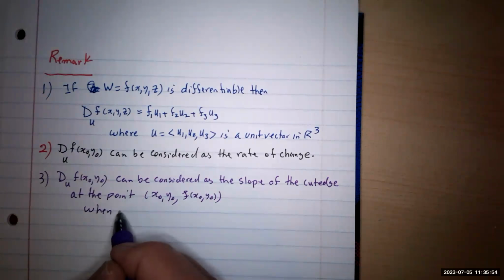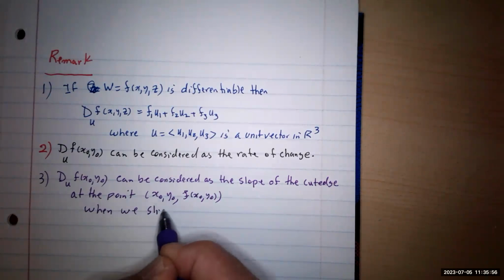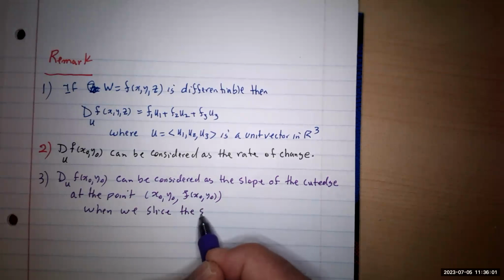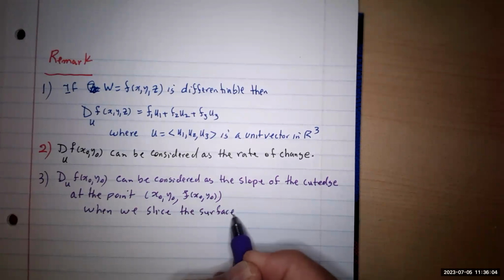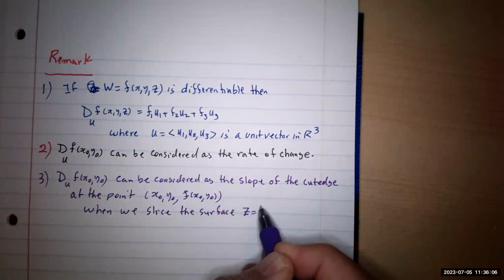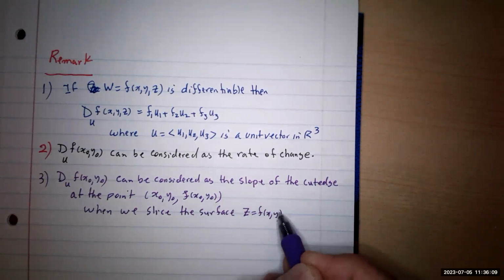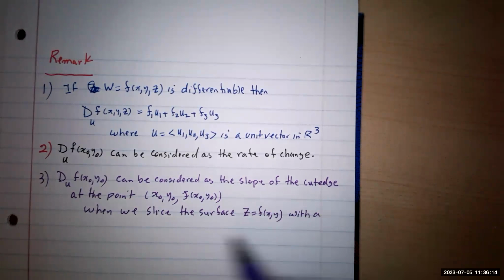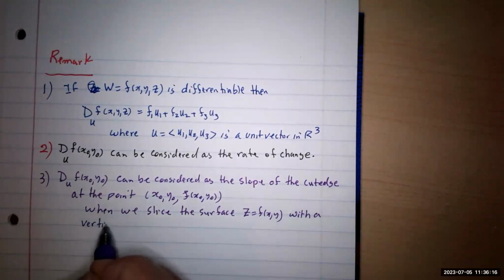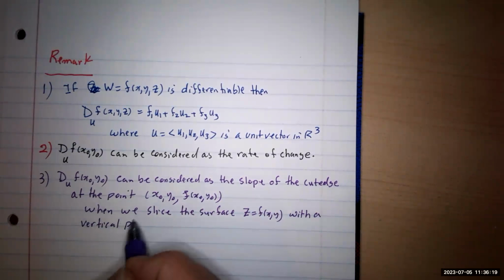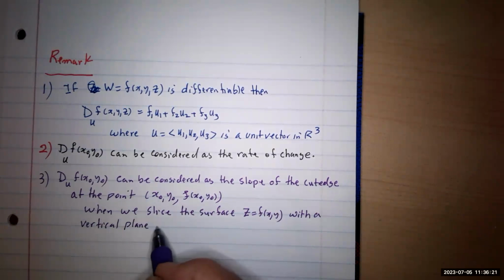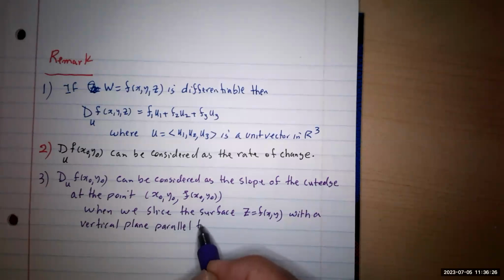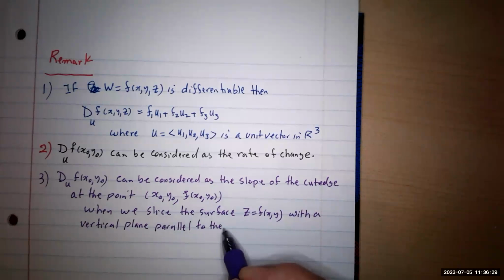We slice, we cut the surface of the solid, the surface z equal to f of x comma y, with a vertical plane parallel this time to the vector in that direction.